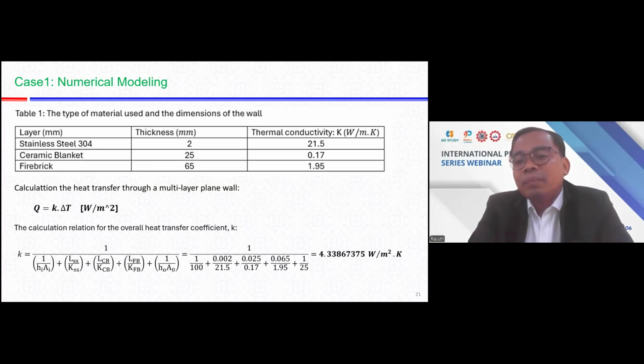So the total number is around 4.3387 meter squared Kelvin per watt.